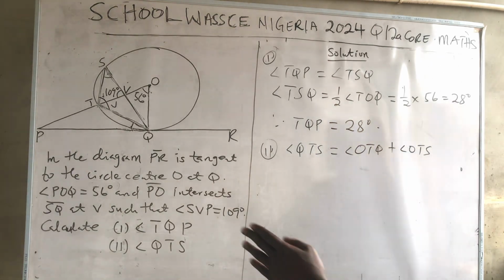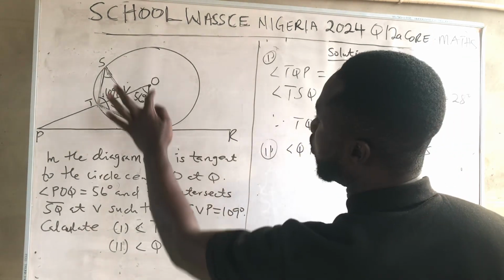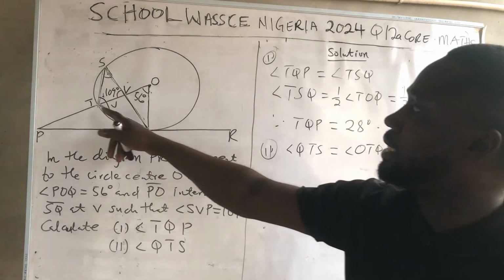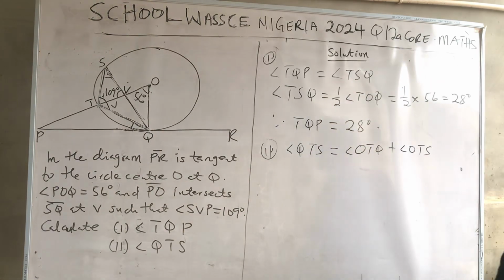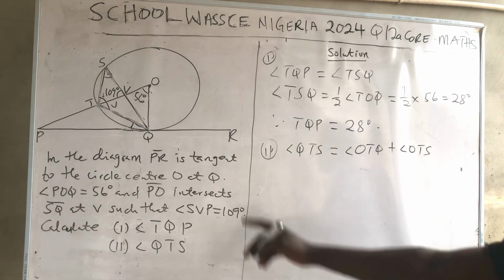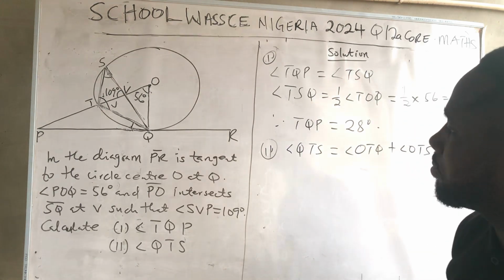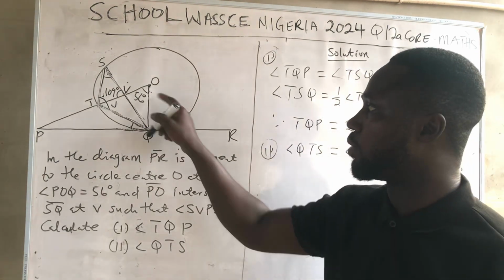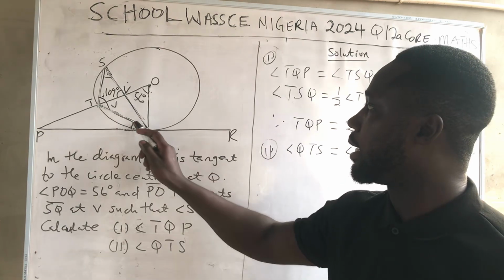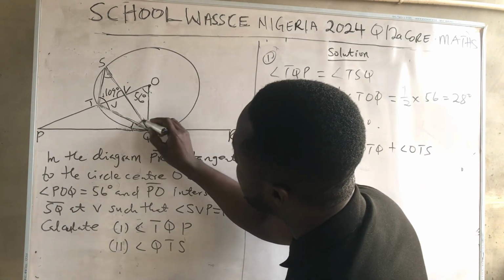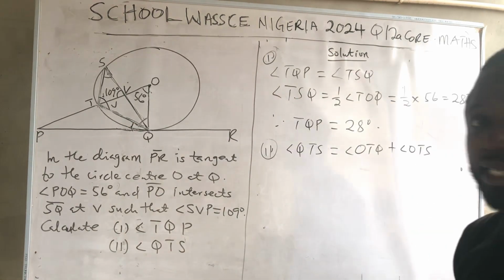So let's consider triangle TOQ. From T to O is a radius, and from O to Q is also a radius, because O is the center. It means that triangle TOQ is isosceles. And if it happens like that, then the angle here and the angle here are the same.